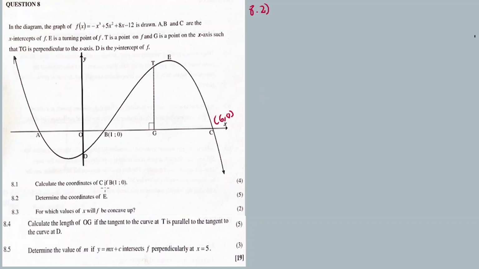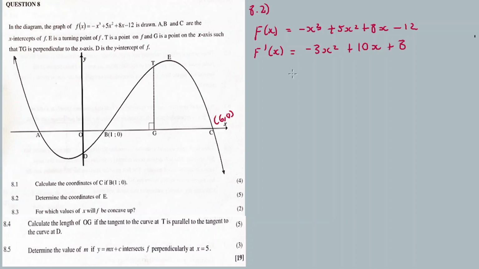8.2: determine the coordinates of E. So we are dealing with the turning point now, and we want the coordinates of the turning point. So we have f of x, we want the turning point, the local minimum or maximum points, minus x cubed plus 5x squared plus 8x minus 12. f prime of x is equal to negative 3x squared plus 10x plus 8.